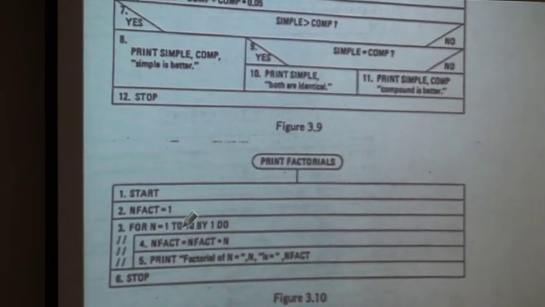For n going from 1 to 10, as you generate a new n, multiply the old value of n fact and put it back in n fact. So try and trace this, see what it produces, and at the end of this loop you should have 10 factorial. Of course you would have printed 1 factorial, 2 factorial, 3 factorial, and so on.